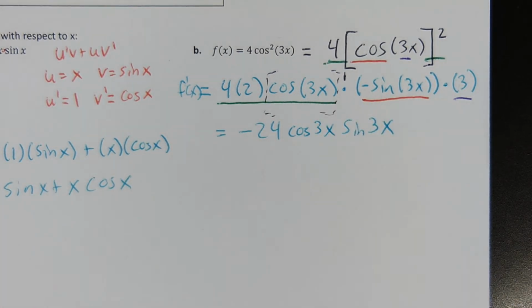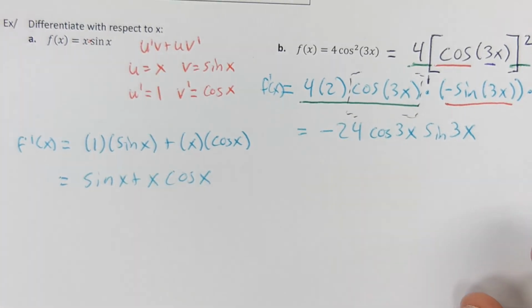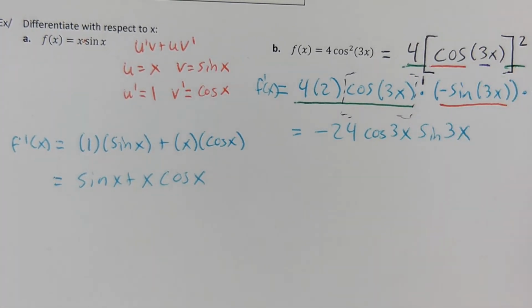Yes, ma'am? Is that negative sine? Yeah. Could you have not put on the 24 and kept it in front of the sine 3x above? If you were going to do that, you would need to have the parentheses there still to imply that you're multiplying by a negative and not subtracting. Okay. See, this is all multiplication. Yeah. So if I just put the minus sign right here, it would have looked like subtraction, and we don't want that.